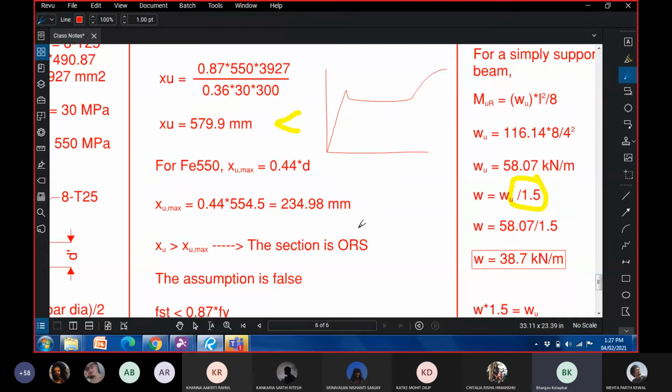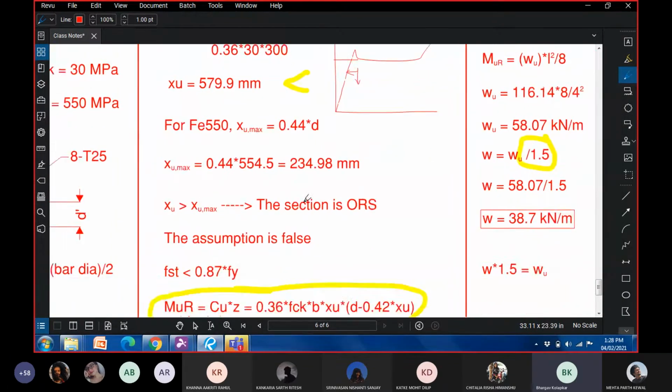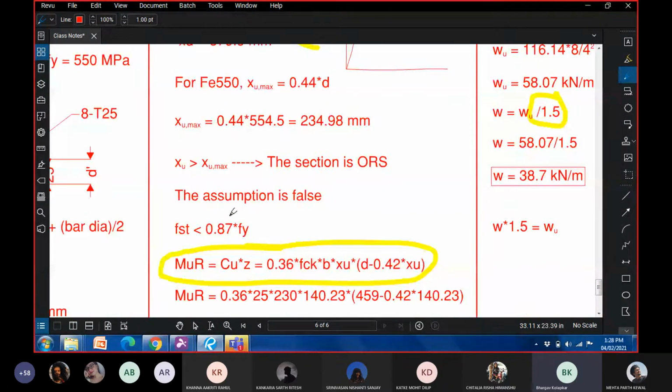At the ultimate limit state, concrete strain reaches a value of 0.0035, but the strain in steel is still lesser than epsilon St star, which is 0.002 plus 0.87 Fy by Es, meaning that the steel has not yet yielded. So this is our yield point here. If our strain is lesser than this value, our stress is also going to be lesser than this value, and hence the stress is going to be less than 0.87 Fy.